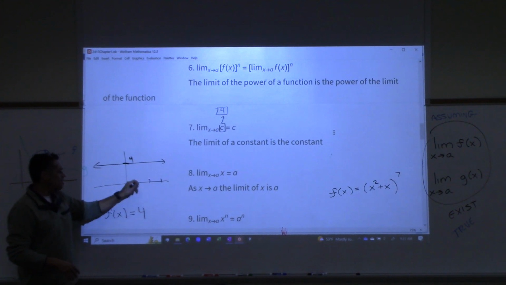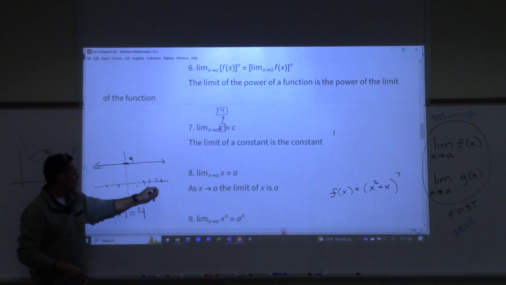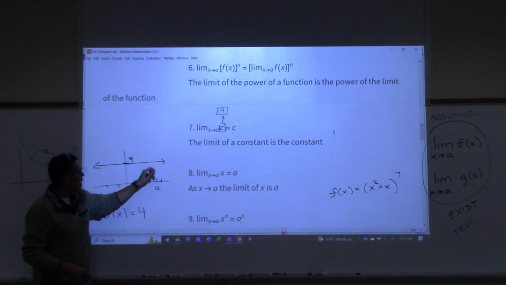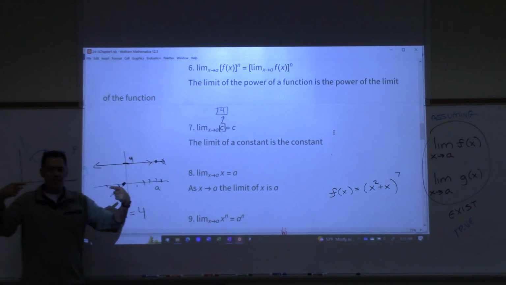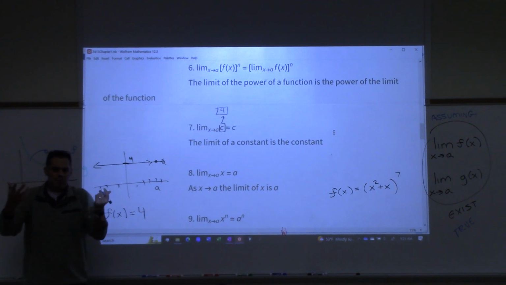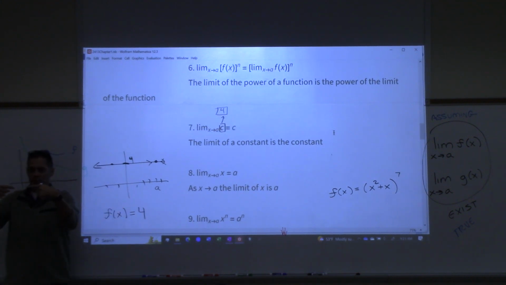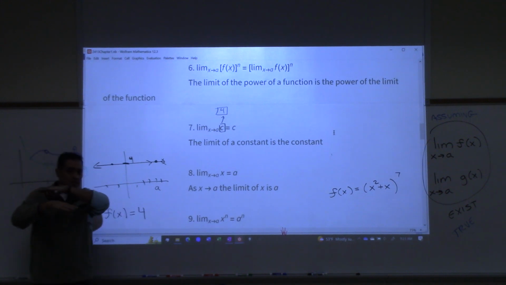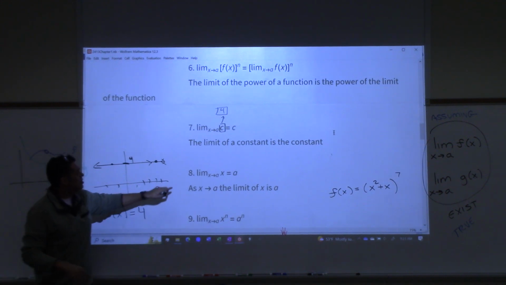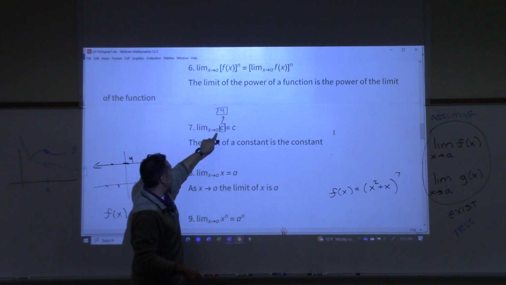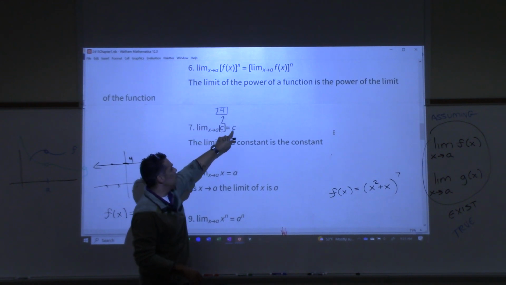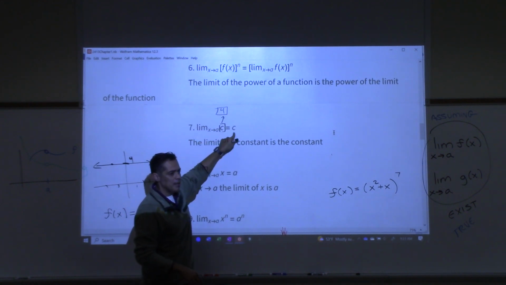Go to any place, let's say go right there. And then tell me, right here, what is it approaching from both sides? It's approaching 4, right? That would happen anywhere I go. It's approaching 4 from both sides because it's a flat line. So this is just saying that no matter what you approach, the limit of a constant will always be that same constant.